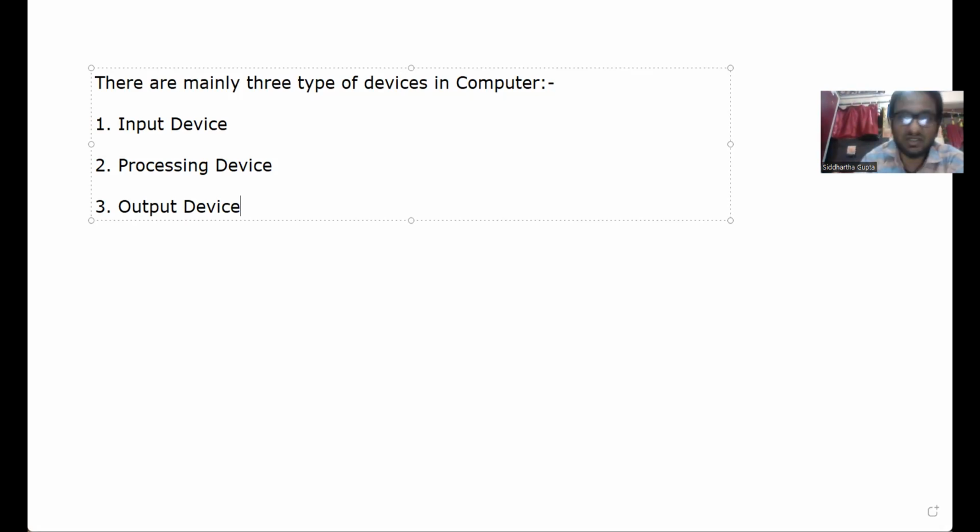Just like this mouse, this is a type of input device. Like the keyboard, the keyboard is also an input device. Similarly, we can call the mic an input device.